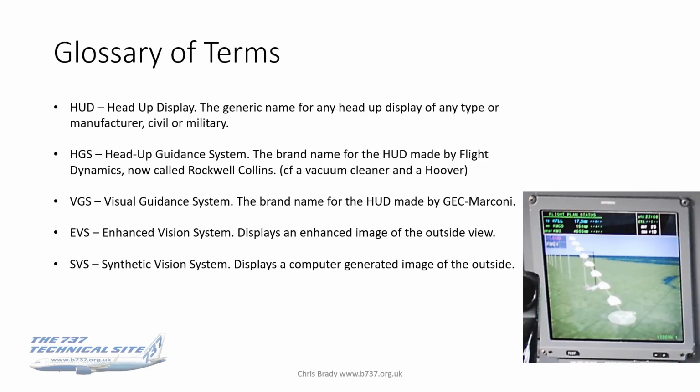You've then got synthetic vision systems, so the SVS, and these are a computer-generated image of the outside world. So this is not as seen through a camera. This is from a computer database of where stuff is. A bit like having the view in a flight simulator.